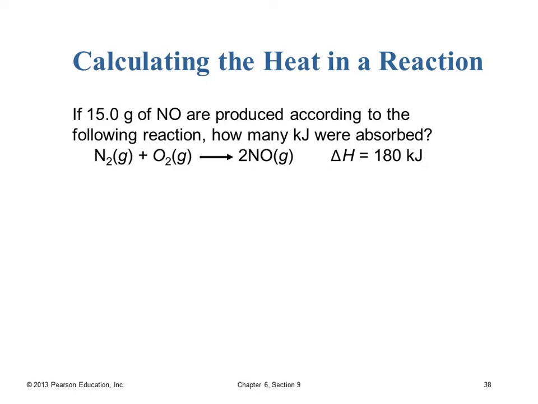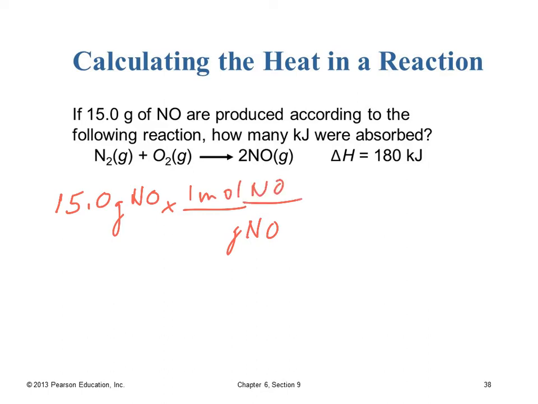Well, I have no idea how to work this, but I know that they only gave me one number to start off with in the problem: 15 grams of nitrogen monoxide. I know my next step is going to involve getting rid of nitrogen monoxide, and the only thing I ever know how to do with grams is go to moles. So that's exactly what I'm going to do.